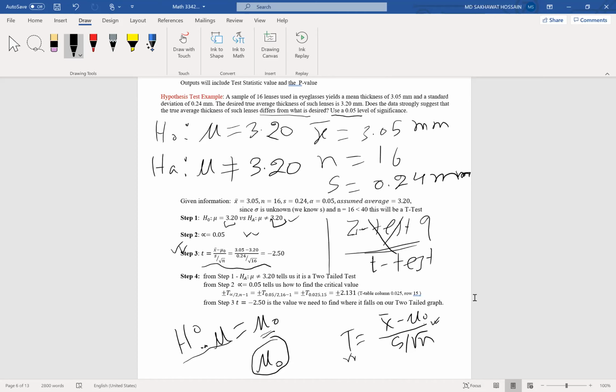It's mu naught, or mu zero, which denotes the value of the parameter in the null hypothesis, which is mu equals 3.20. So mu naught is 3.20. Is it clear?